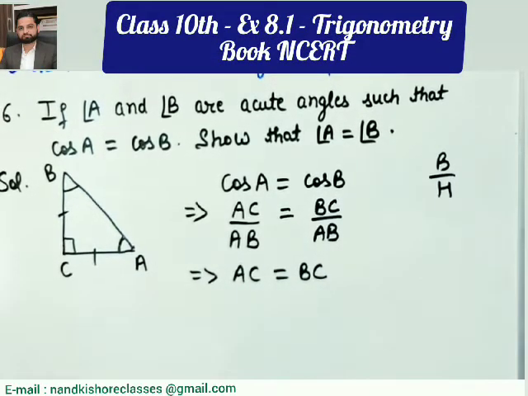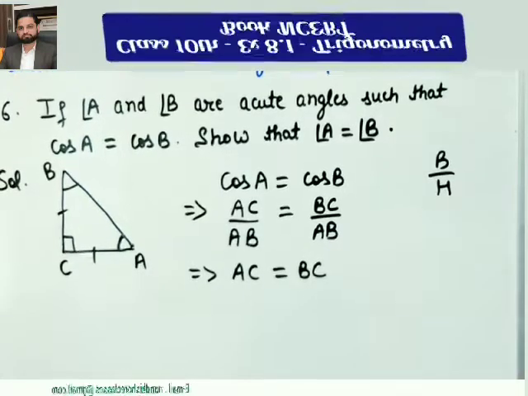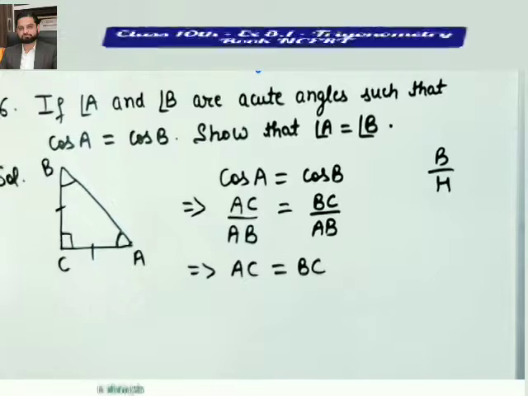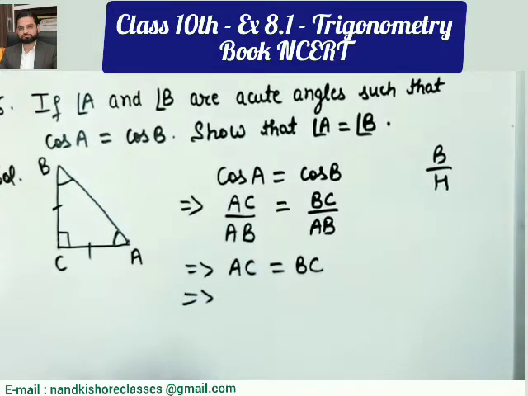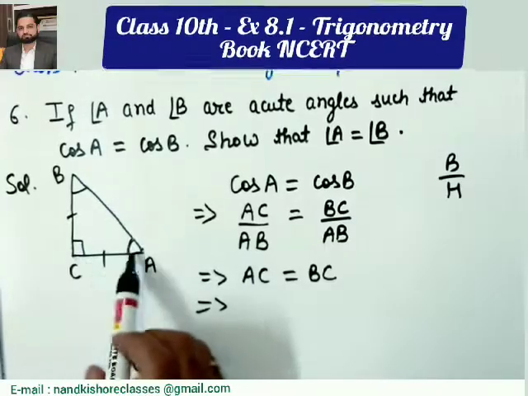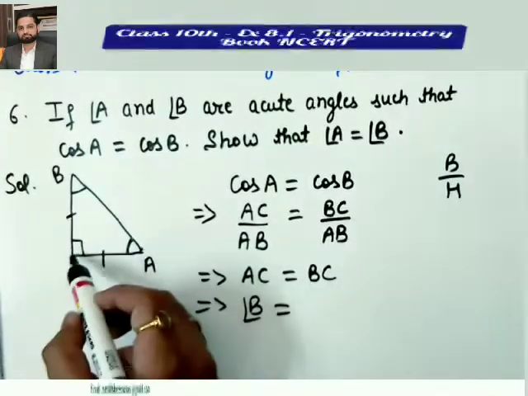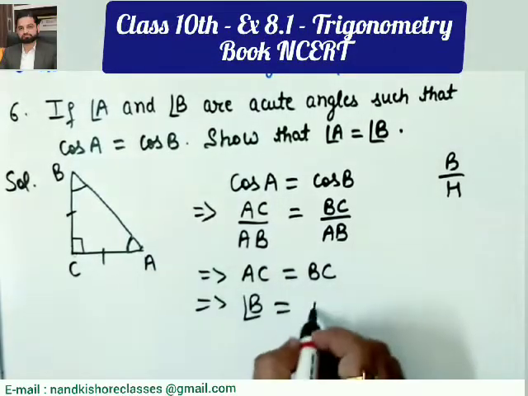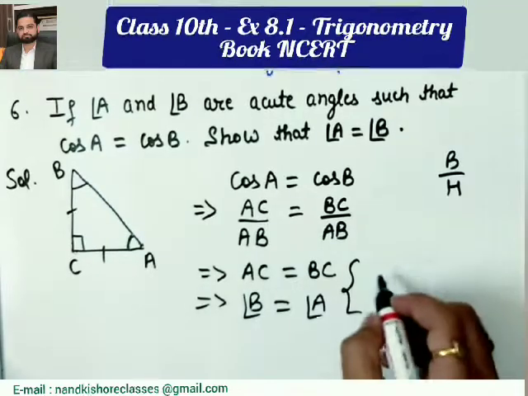When two sides of this triangle are equal, it becomes an isosceles triangle, right? When AC is equal to BC, what can I write? The angle opposite to AC is B, and the angle opposite to BC is A. What's the reason why I am able to write it?